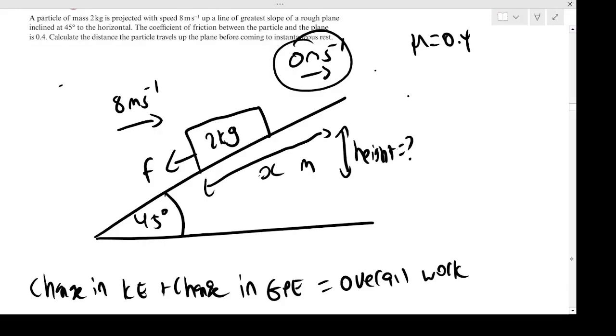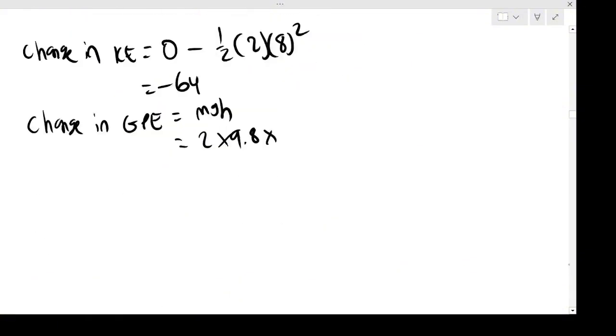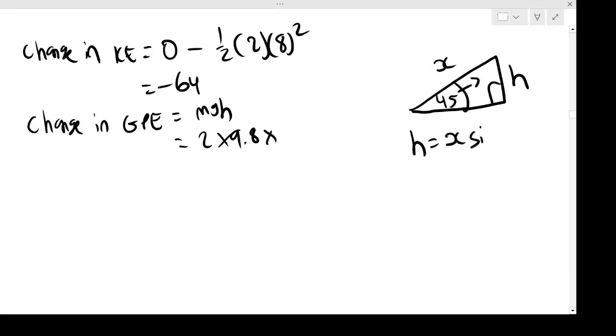So again, I'm going to construct a little triangle to help me work out the height I want. So again, the angle is 45. The distance travelled up the slope is x, so it'll go up by x. I want my height h. So that means, again, if you use SOHCAHTOA, h, which is the opposite, is going to be x times sine 45. It's going to be in terms of x. So sine 45 is root 2 over 2.